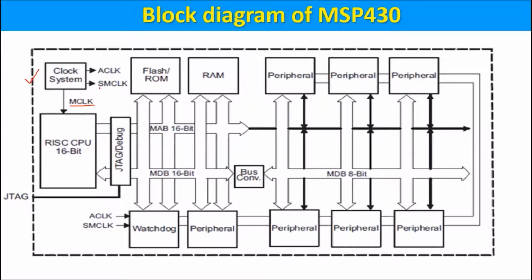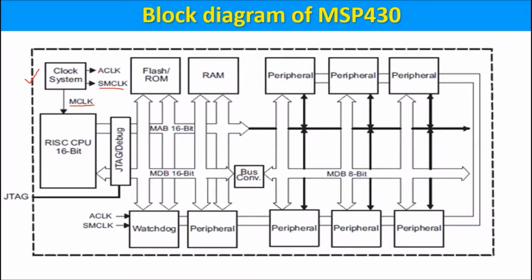The second is SMCLK, that is submaster clock signal. Submaster clock signal frequency is less than master clock signal, and this submaster clock signal is used for the watchdog timer and some faster peripheral devices.